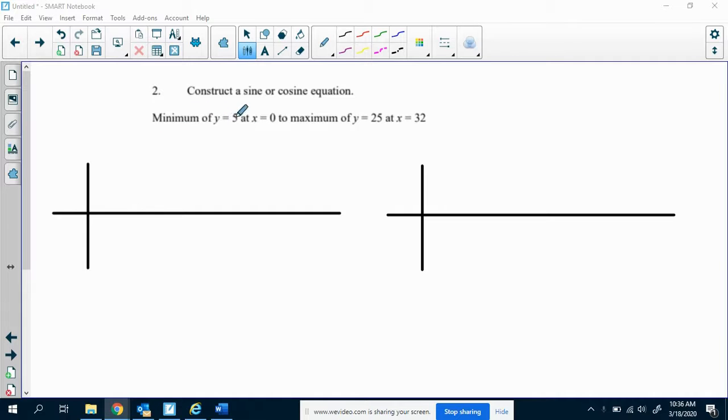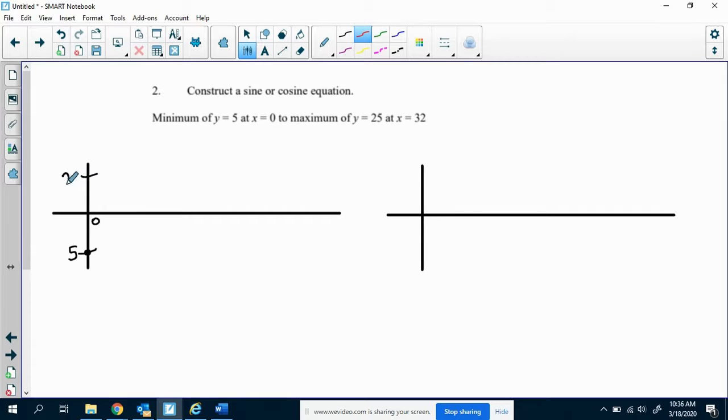A minimum of y equals 5 at x equals 0. So 5 at x equals 0 is the minimum. So we know that that's like the lowest point that it's going to be.